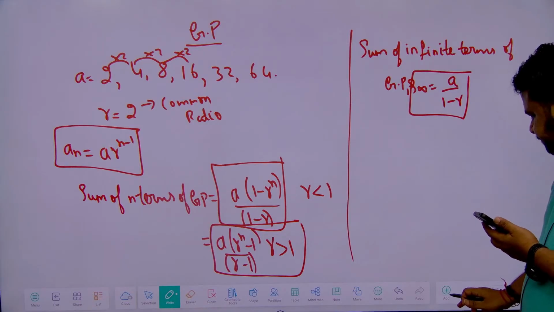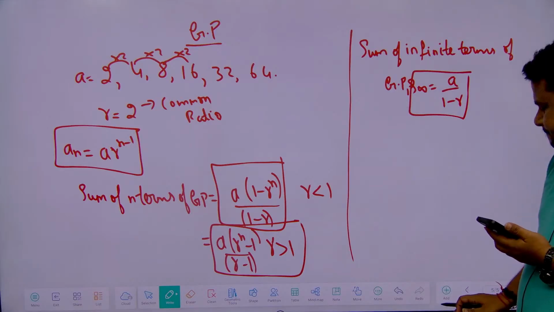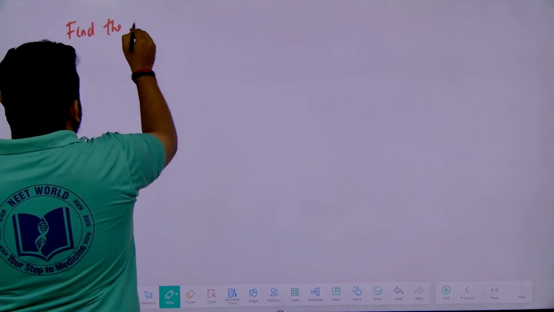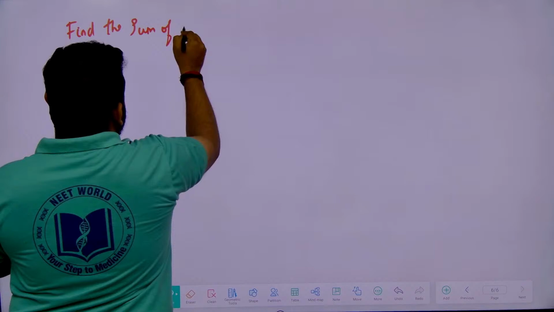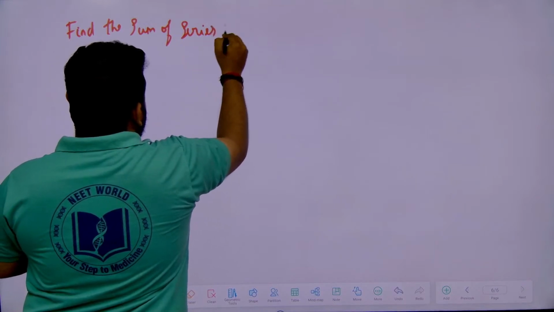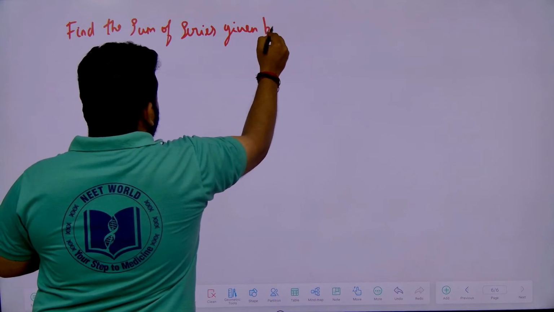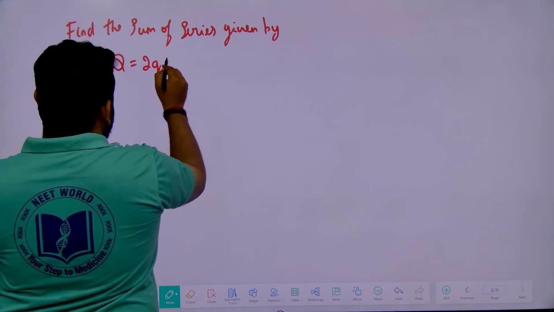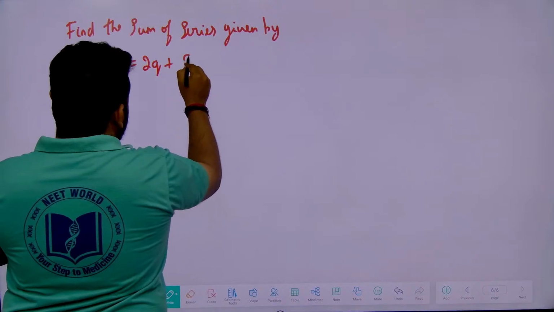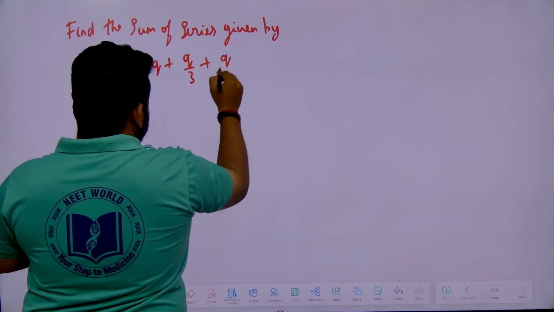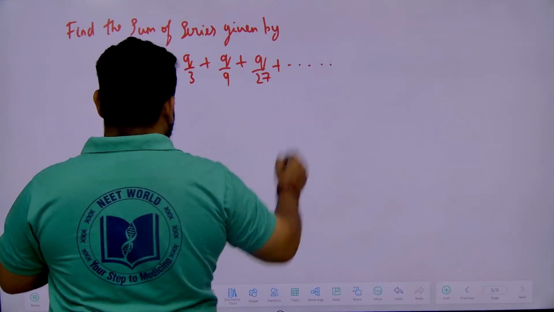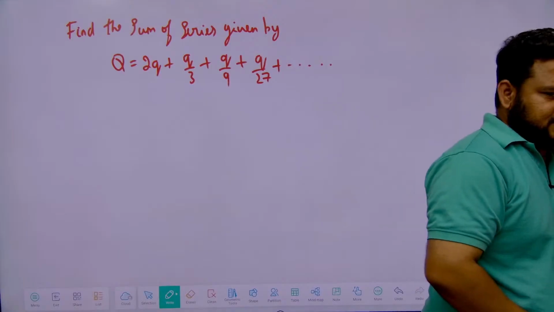Find the sum of the series given by Q is equal to 2Q plus Q by 3 plus Q by 9 plus Q by 27 plus it goes on. So this is the question they have given.